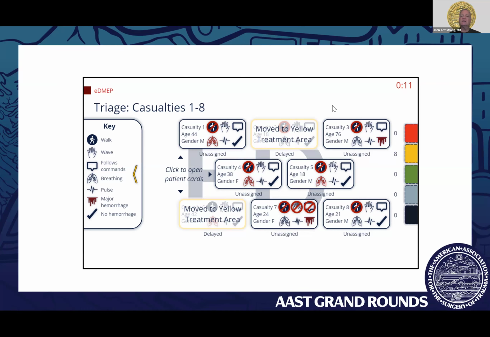What you can see on this screen are 8 casualties, some of whom have been dispositioned, and each of whom has characteristics that you understand by looking at the key on the left.